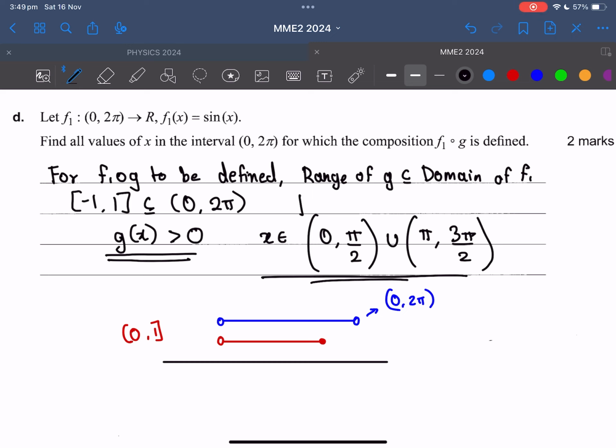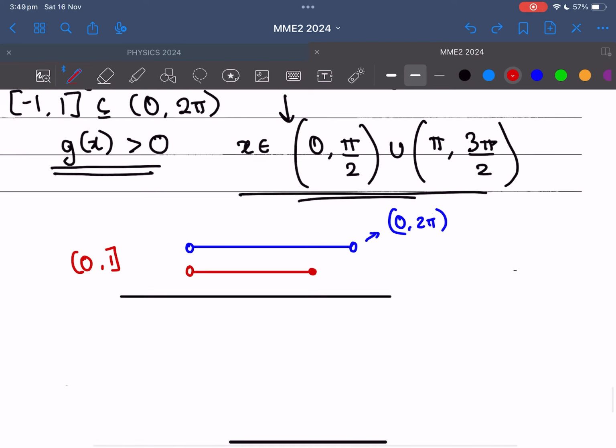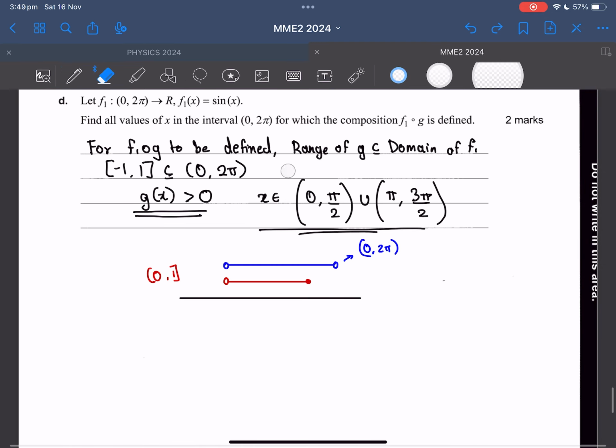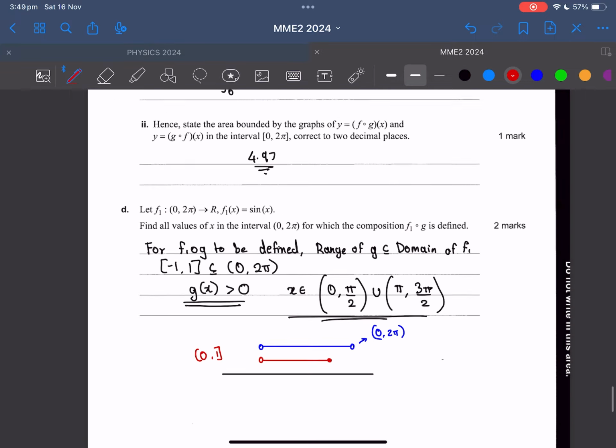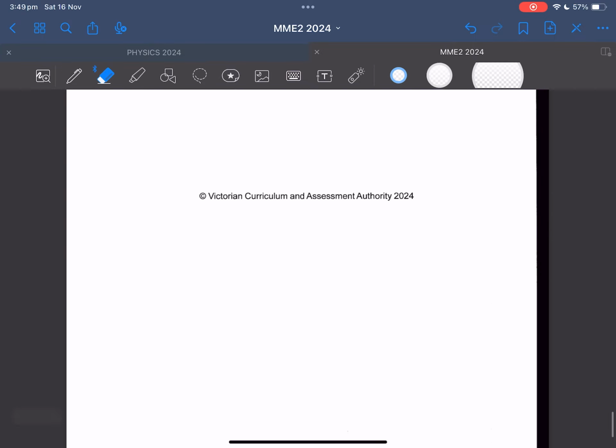And the reason why it's excluding is because we just had to find it greater than 0, not greater than or equal to, because if I were to include the 0 again, it will become out of subset because 0 is not included for f. So that again will be wrong. So that's why our brackets are exclusive. Okay, hopefully that makes sense. So that's it, right? Yeah, okay, cool.